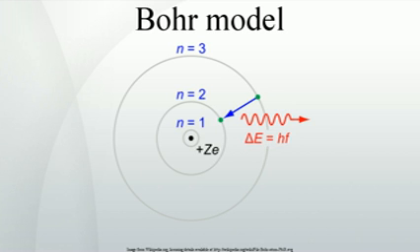Refinements. Several enhancements to the Bohr model were proposed. Most notably the Sommerfeld model or Bohr-Sommerfeld model, which suggested that electrons travel in elliptical orbits around a nucleus instead of the Bohr model's circular orbits.